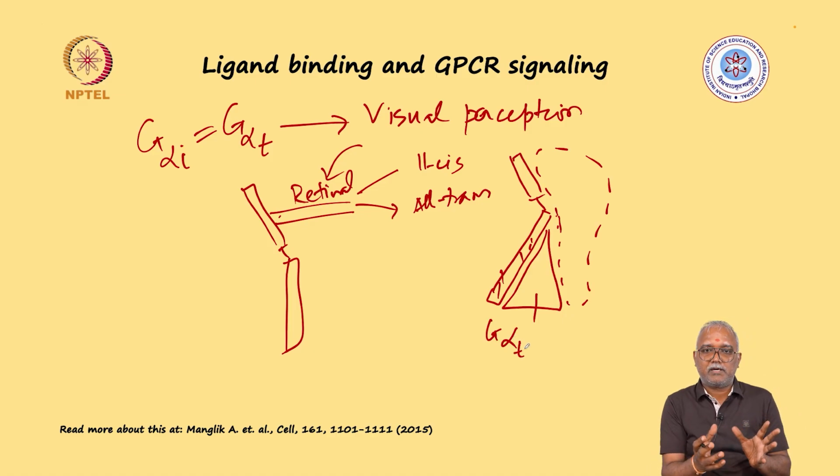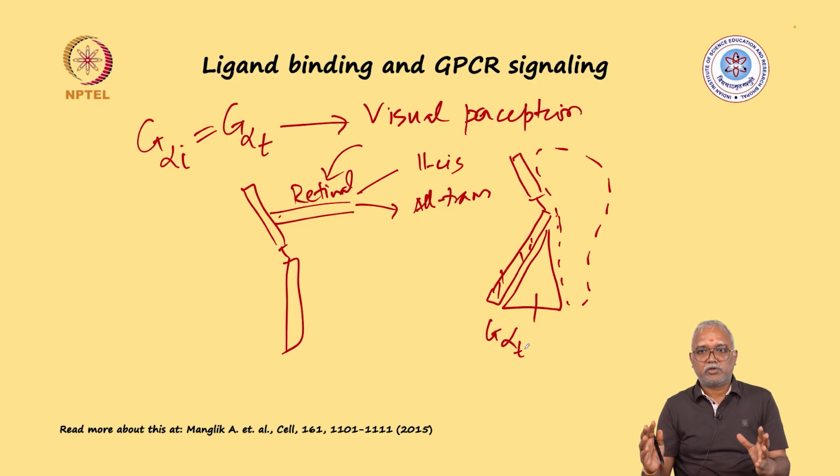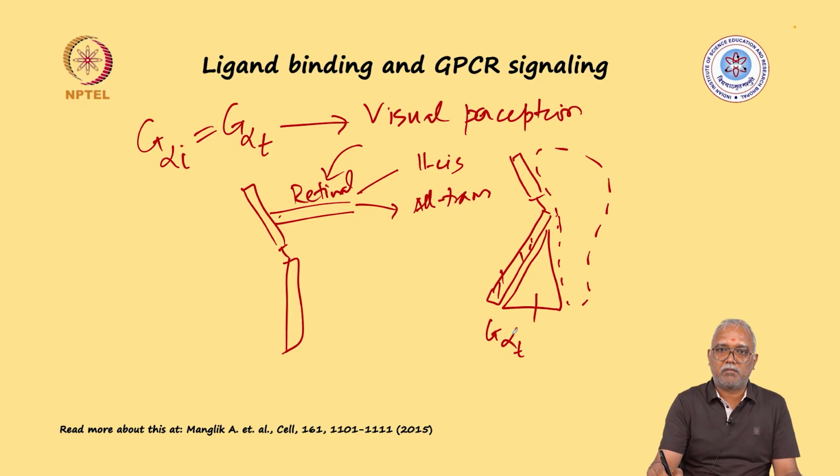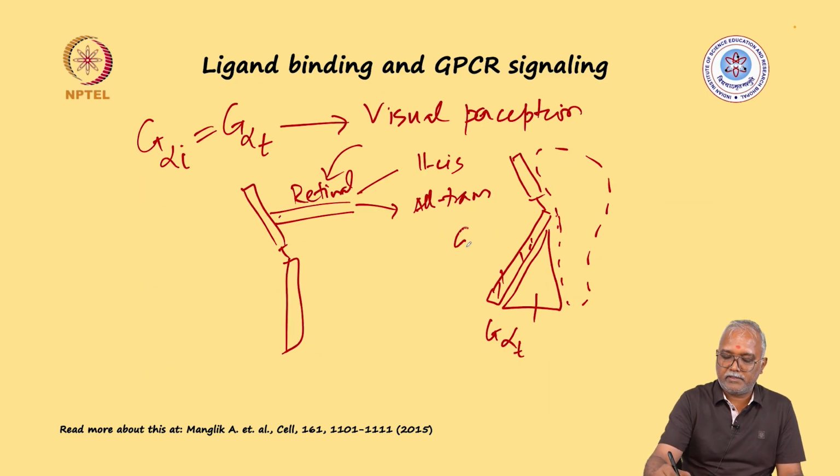So what you are noticing here is that in the previous class we saw that helix movement was activating the receptor, and now we are seeing what exactly goes on out of those 7 helices: helix 6 is gaining more prominence and is inducing a conformational change in the receptor, which opens up the space for G alpha to come and bind. What will happen when G alpha has bound? Remember, the receptor has the GEF activity. GEF activity is part of the receptor.